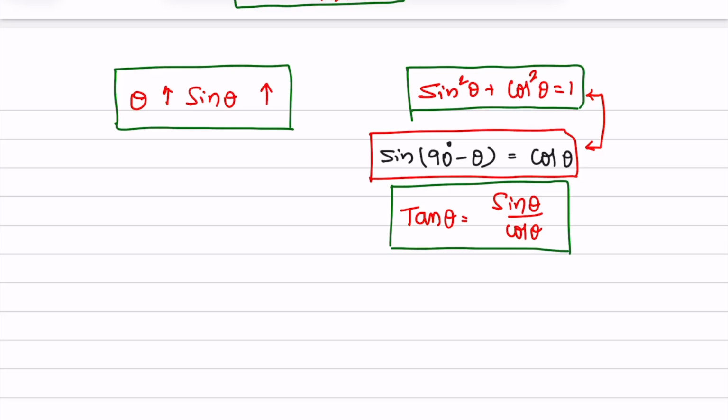For sin 22.5 and sin 2 theta, we require composite angles, which we will be dealing with in the next class.